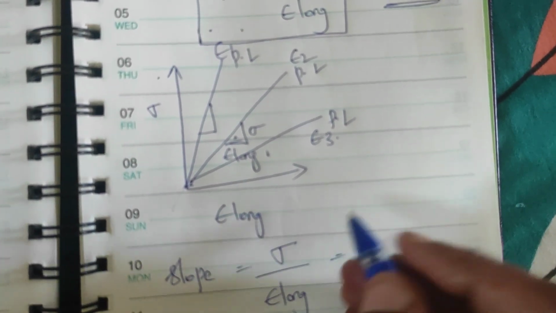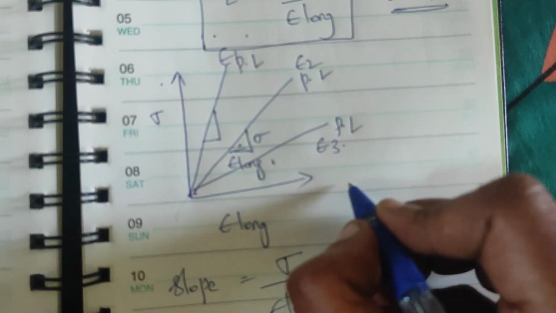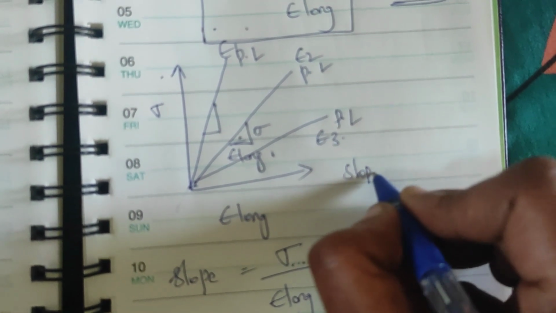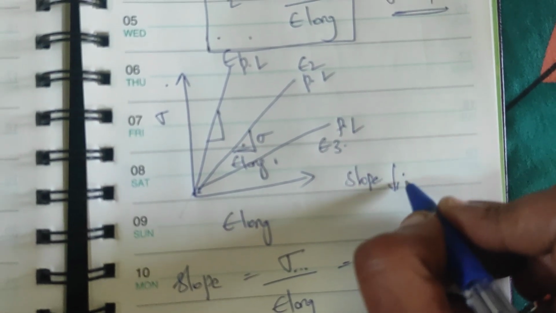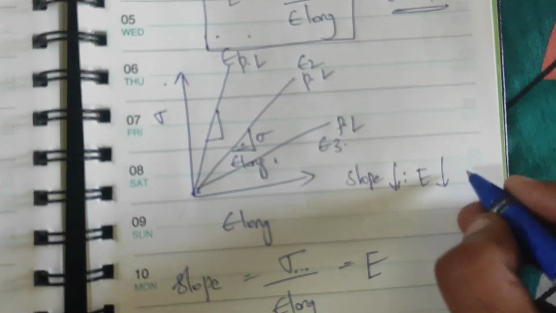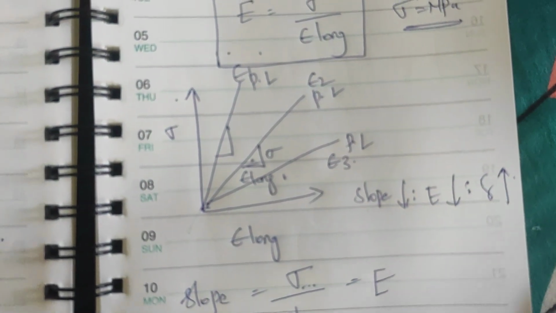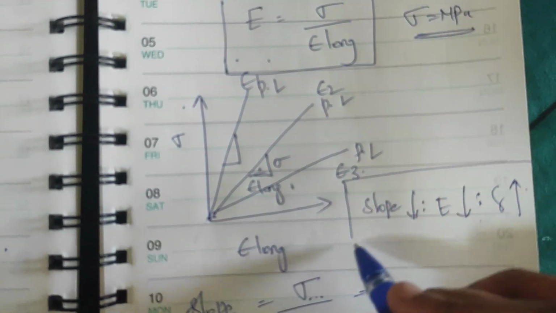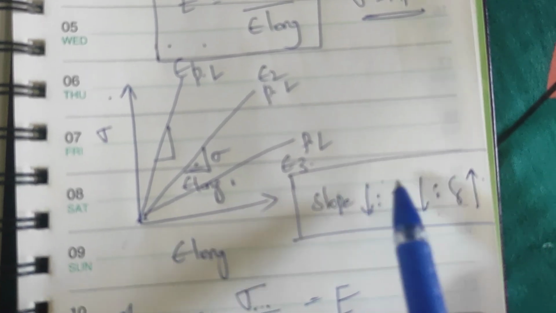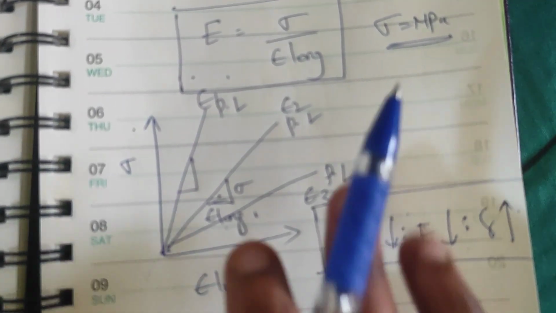So now, from this, we will say that as slope decreases, Young's modulus also decreases, but deflection increases. Understand? The slope of the stress-strain curve within the proportionality limit is also known as modulus of elasticity.